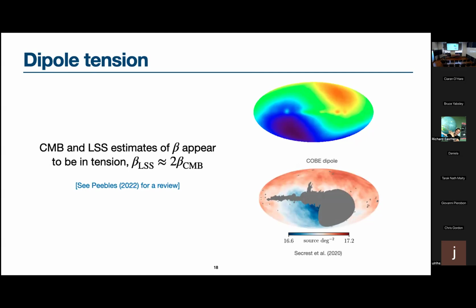So large-scale structure experiments appear to measure double the magnitude compared to the CMB, but the directions are roughly consistent. So in the future, there is potential for gravitational wave observations, not just at PTA scales, but also at interferometers, ground and space-based, to also provide their own independent measurements of the dipole.